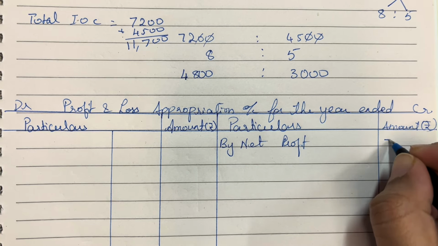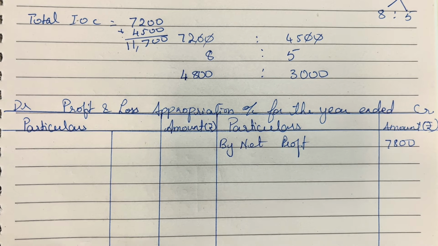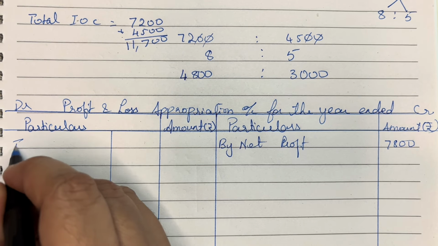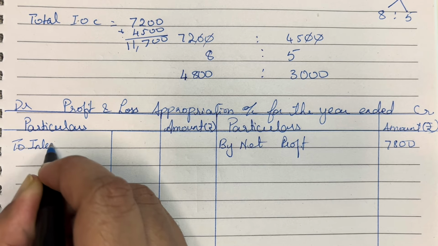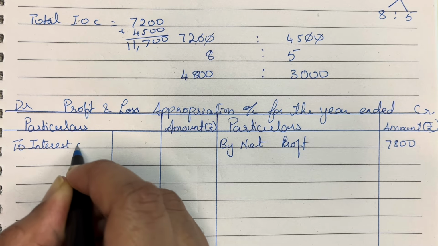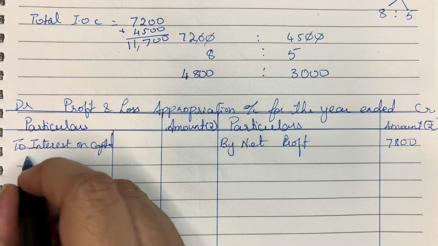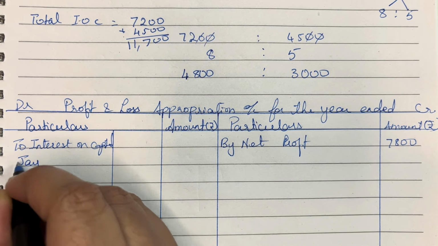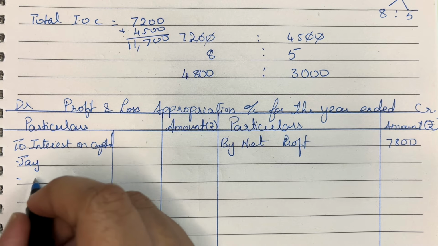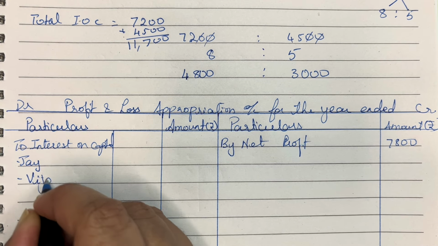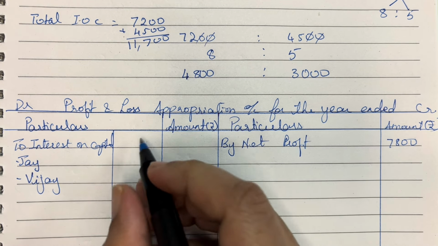Our net profit is 7,800. Next, it would be to interest on capital. Our two partners' names, one is Jay and the other one is Vijay. How much are they getting?